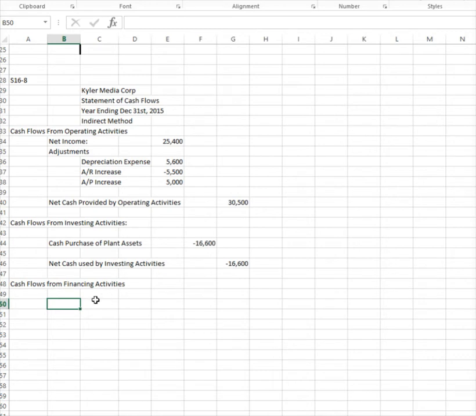So what that means to us is cash receipt from common stock, and that's for $5,000.